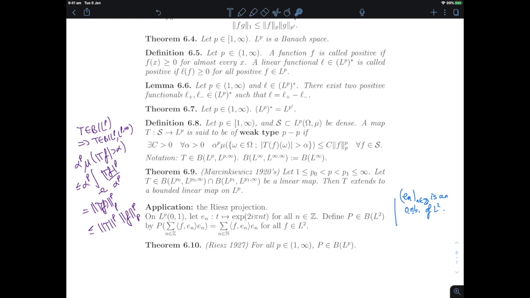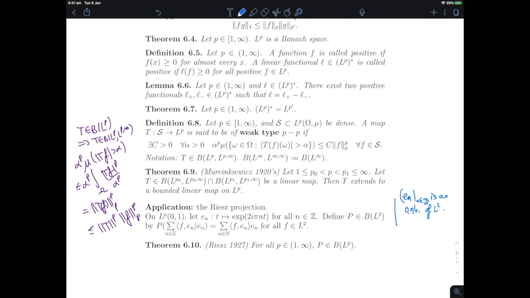Now, why do I call that a diagonal matrix? Let's have a look at the definition. The Riesz projection takes the Fourier series of a function, so the decomposition of a function into that basis, which is indexed by all integers, and restricts it to just consider those coefficients that come from the natural numbers.